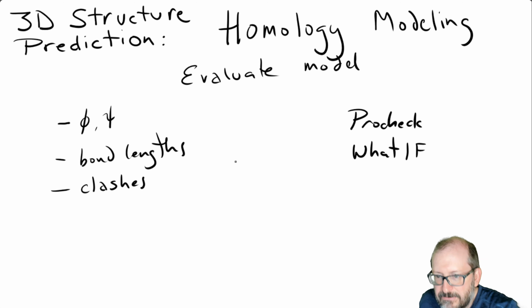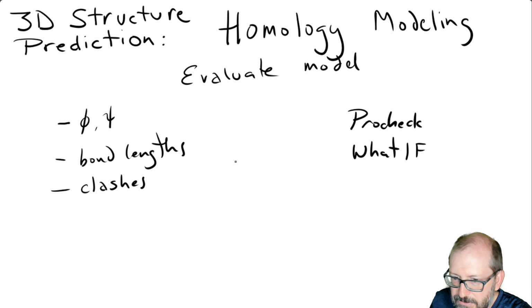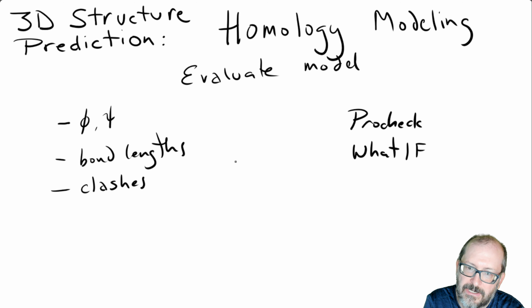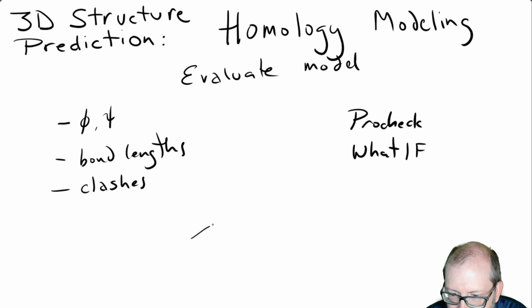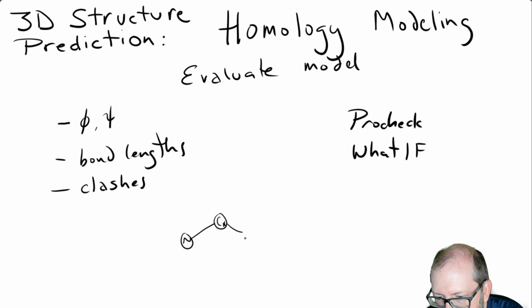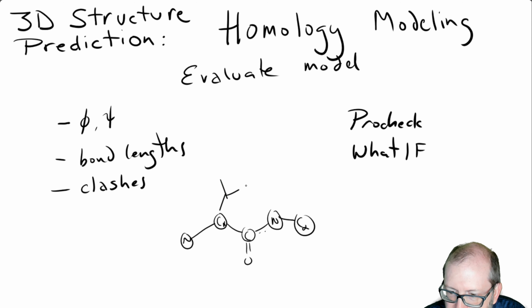And then lastly, we want to evaluate the model. We want to do things like check that the phi and psi angles are in allowed regions of the Ramachandran plot. We want to make sure that the bond lengths are all correct, close enough to the minimum, and that there are no steric clashes. So let's say one of our residues looks like this. There's a nitrogen, there's a C alpha, there's a carboxyl, and then our next residue, and this has some side chain atoms.